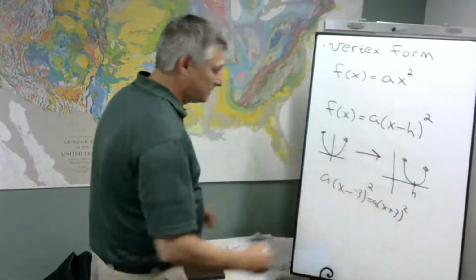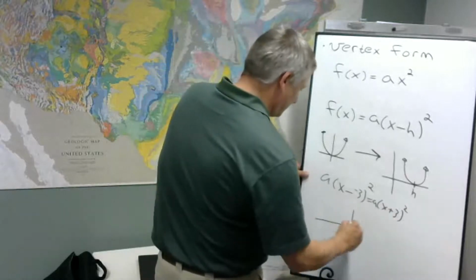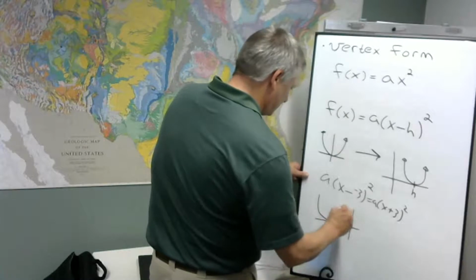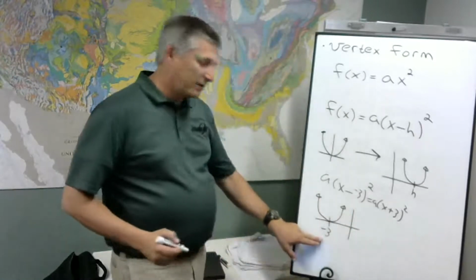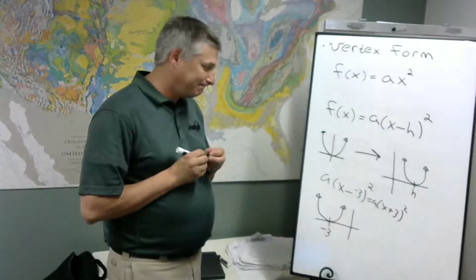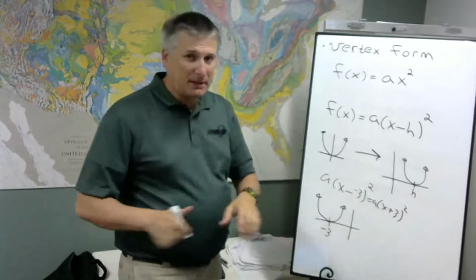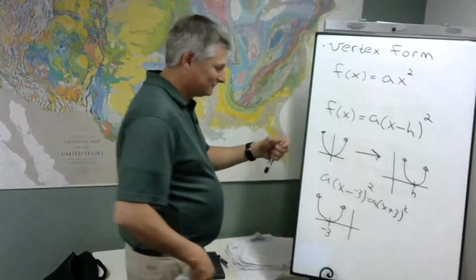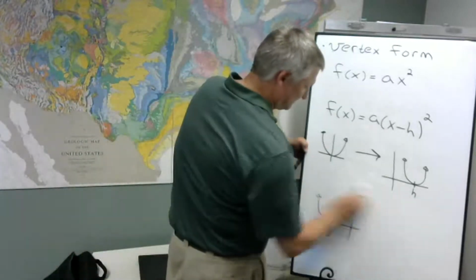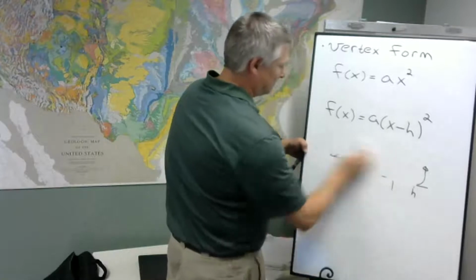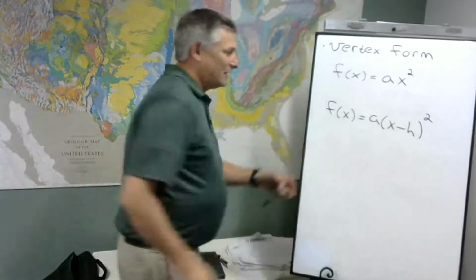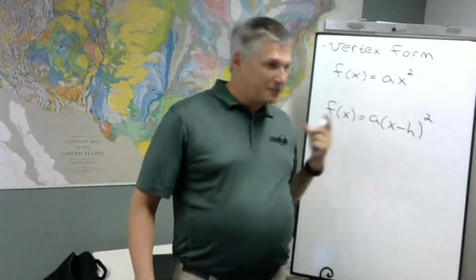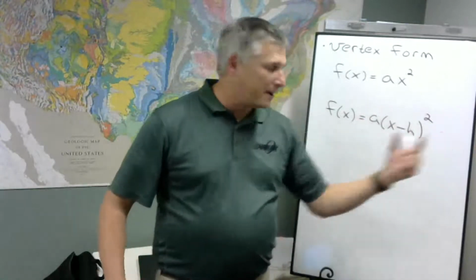And so that means you end up transitioning over here like so. So just something to keep in mind. So we can go from here to here. This means we're going to translate this parabola somewhere to the side.